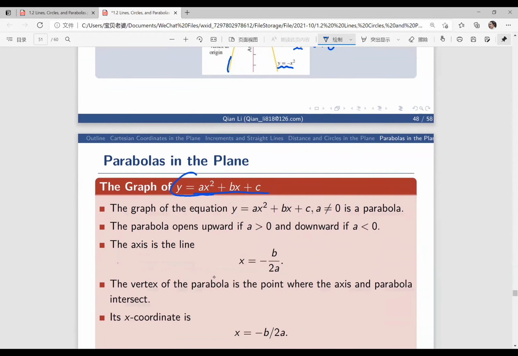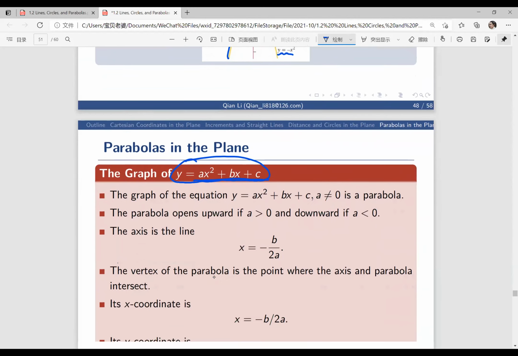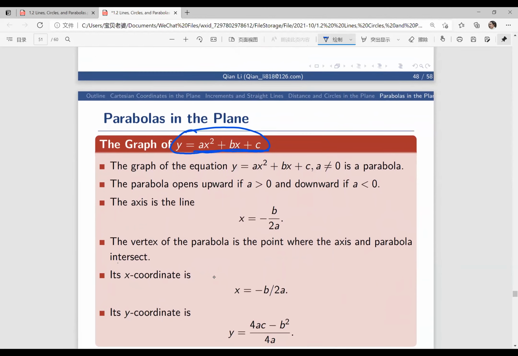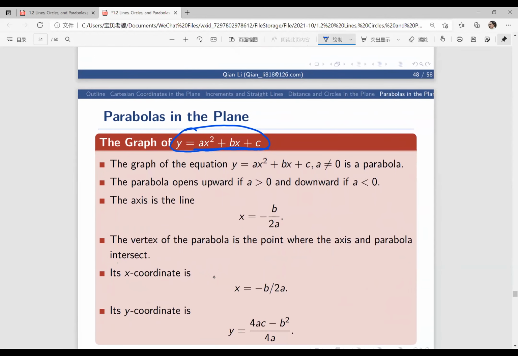For this parabola, we first say a is not equal to 0, and then this equation represents a parabola, and the parabola opens upward if a is larger than 0, and opens downward if a is smaller than 0. Okay, this is upward or downward.